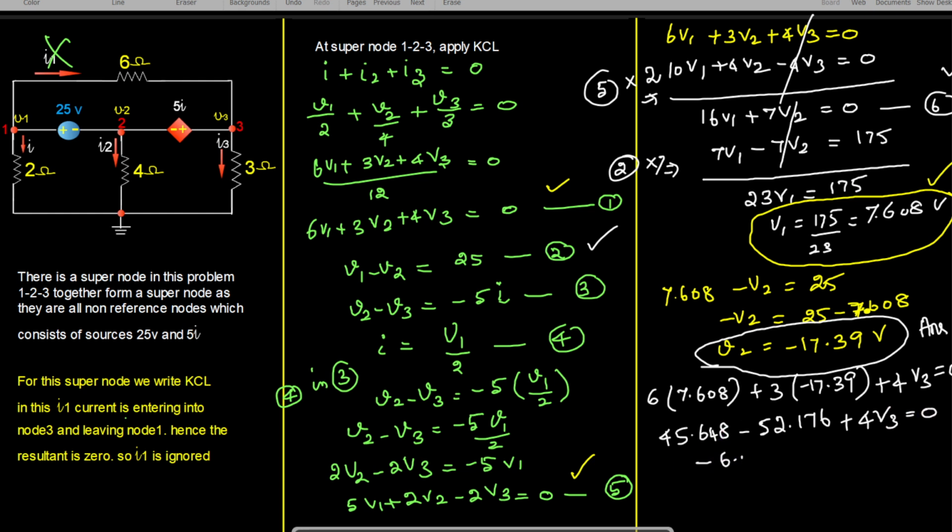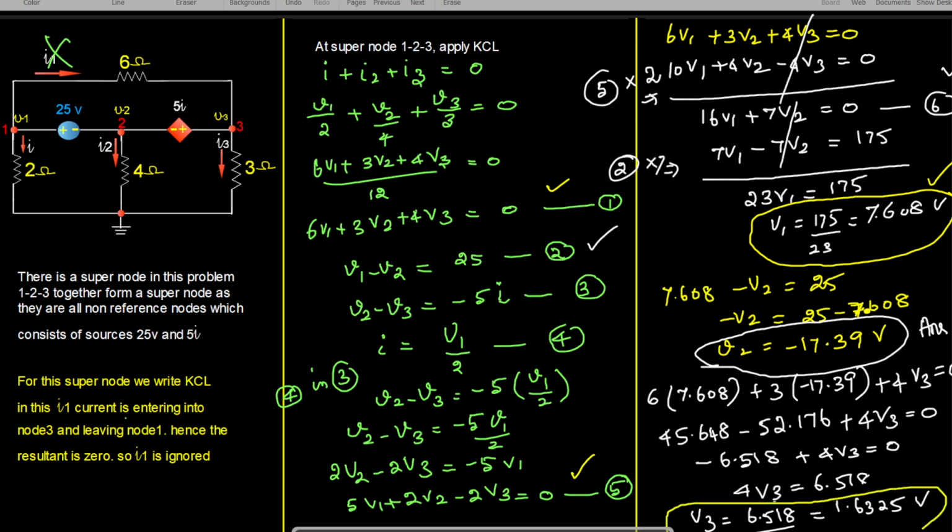So minus 6.518 plus 4V3 equal to 0. So V3 is equal to 6.518 divided by 4, that is 1.6325 volts.